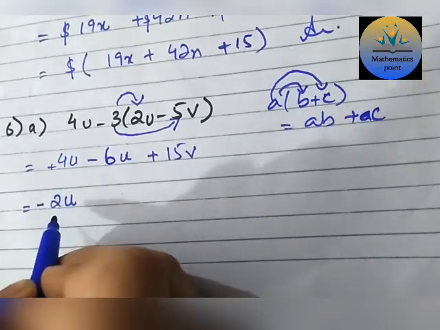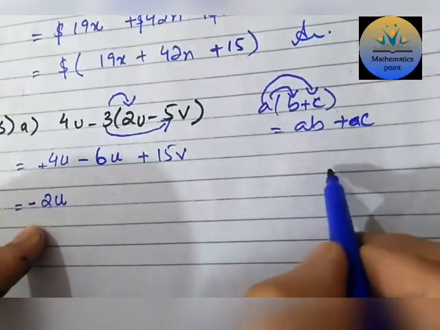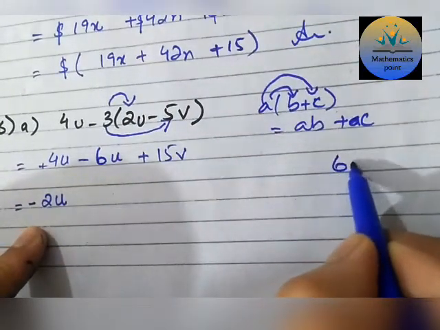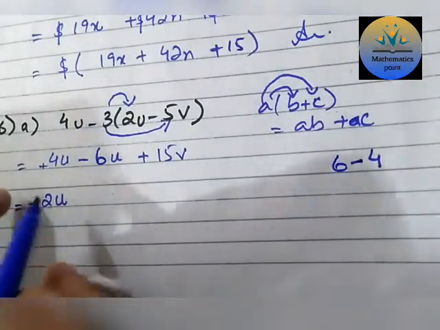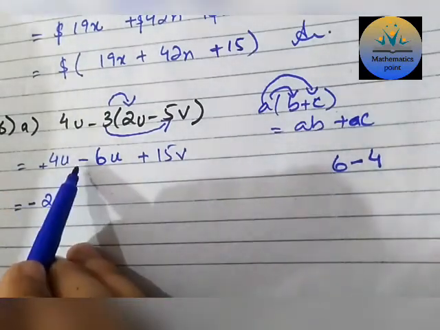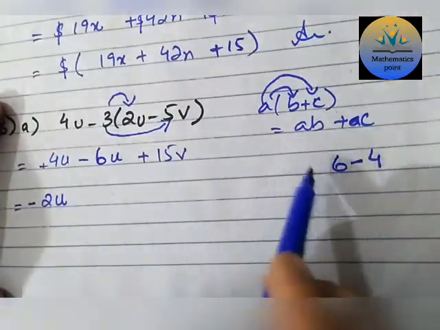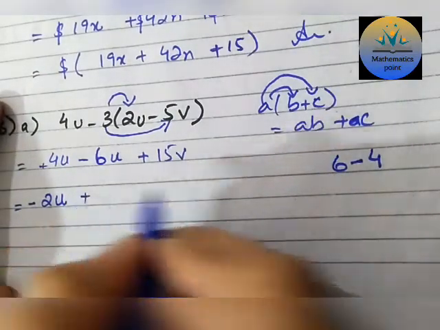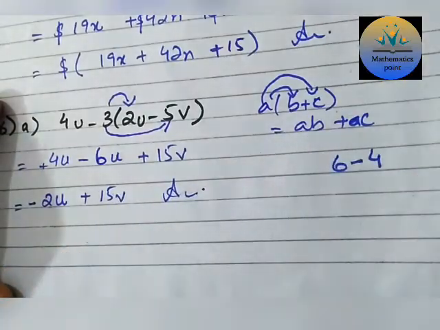Now students, if you directly solve the terms here and you want to show the working, you just do this step in the working, 6 minus 4, because when you write 6 minus 4 you write the positive sign with the 6, and here the 6 has the negative sign, so that will be incorrect. So you can solve this step in the working or roughly, and then next is 15b. So that is the answer of part A.